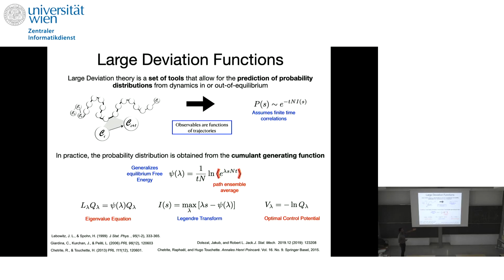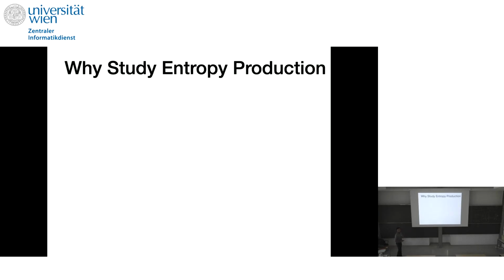And here you can define an optimal control force: if you solve this eigenspectrum problem, then you can get a control force that you add to your original dynamics, giving interesting dynamics, maybe phase separation for instance, or other interesting dynamical phases. So these are all tools that I'm going to use, but I probably don't need to spend too much time on that because you all are experts on this already.